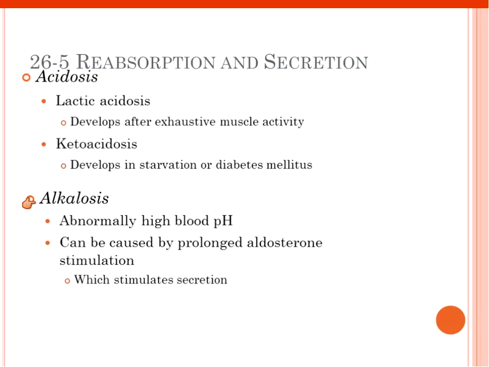This is where we have abnormally high blood pH, so that instead of it being lower than 7.4, it's higher than 7.4. It can be caused by prolonged aldosterone stimulation. And remember, aldosterone's job is to maintain those sodium ions, to keep more of those sodium ions in there, by which more water is going to follow, but then it can also alter your blood pH and make it too high.